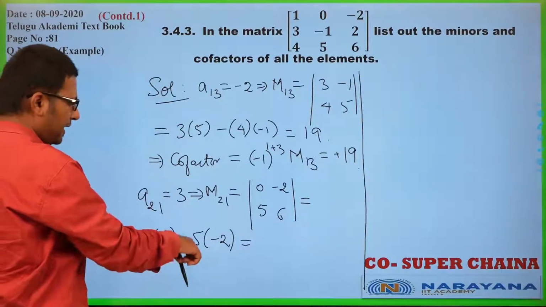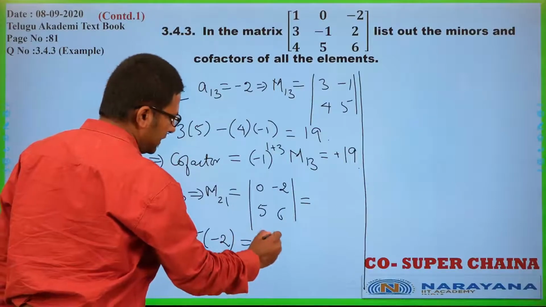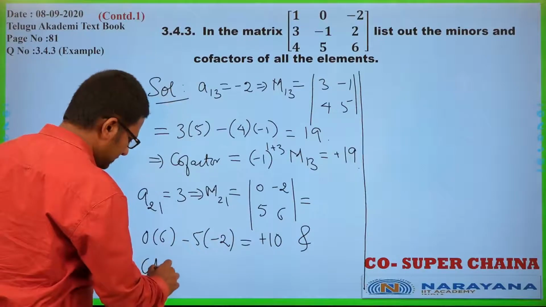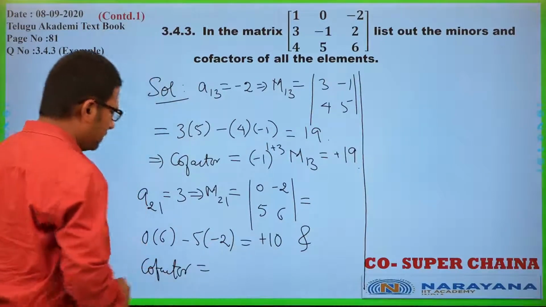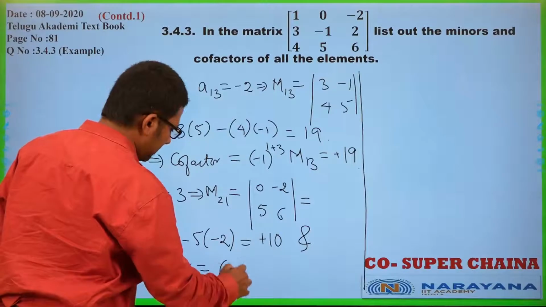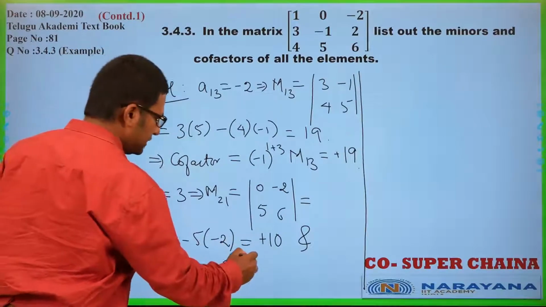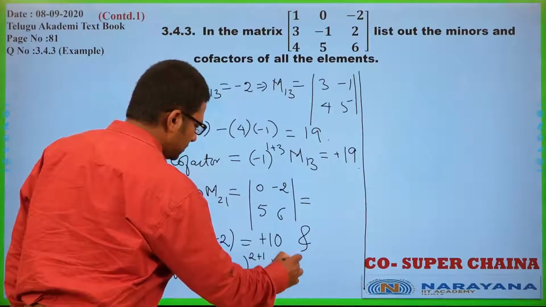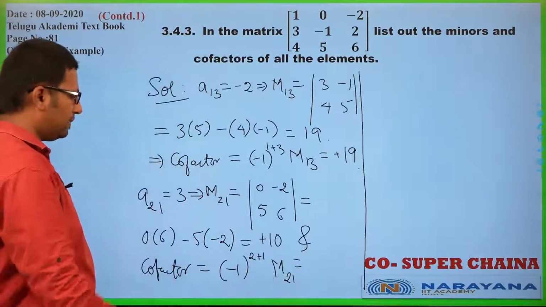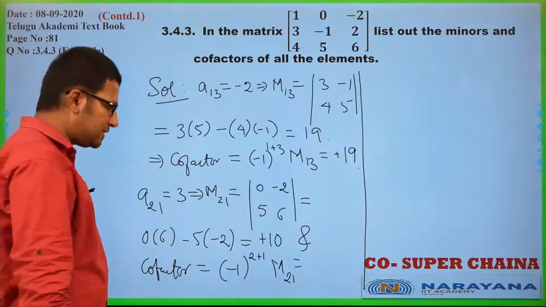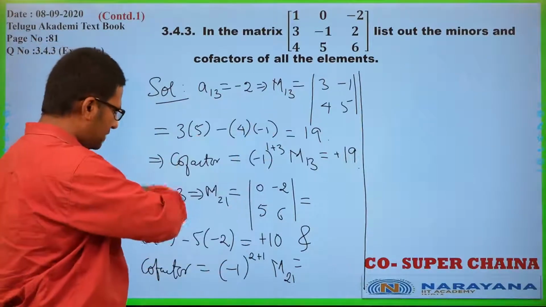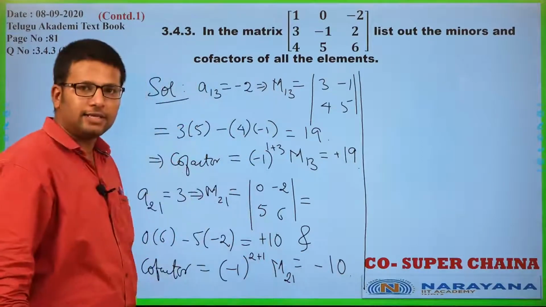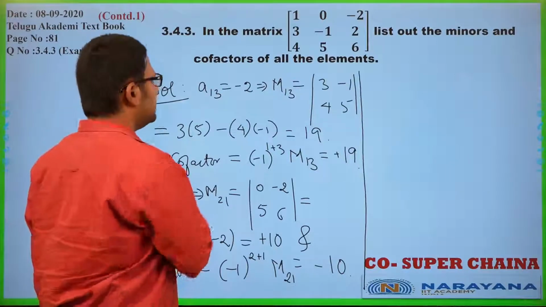So this would be 0 and then plus 10. So it is plus 10. And cofactor of this element would be minus 1 raised to 2 plus 1, M21. So minus 1 cube is a minus of M21, and M21 we figured out is 10. So this is minus 10.